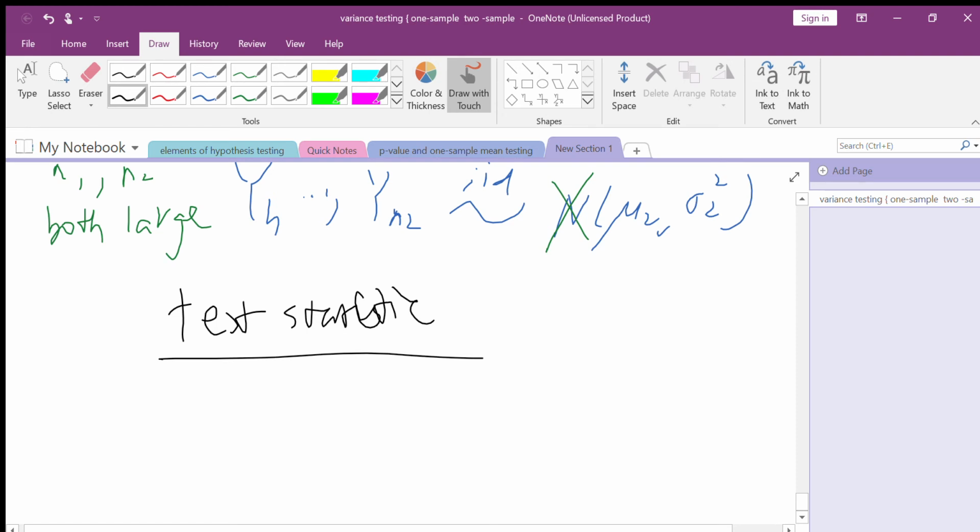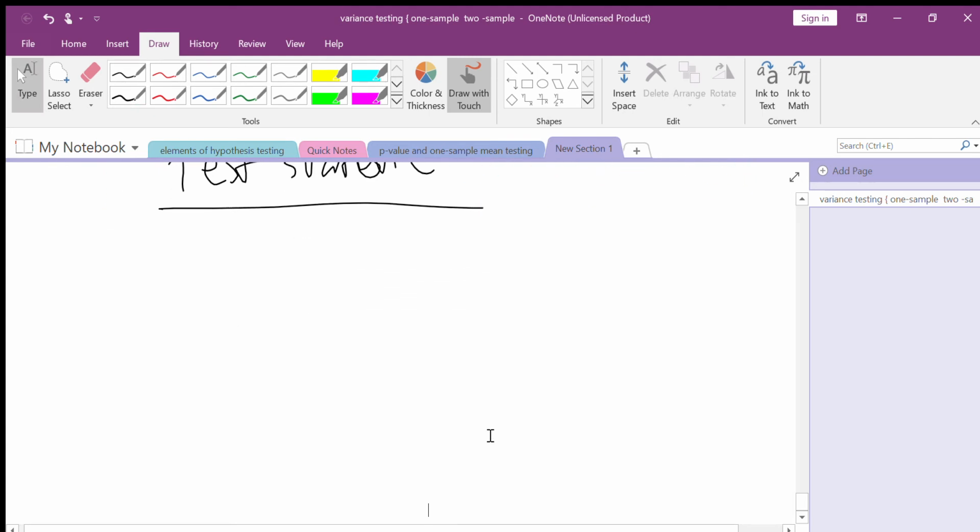The test statistic we use is capital S1 squared, the sample variance of the first sample, and capital S2 squared is the sample variance of the second sample.